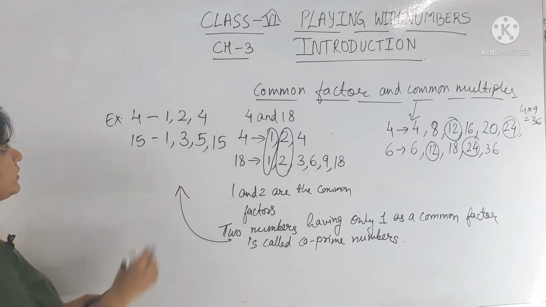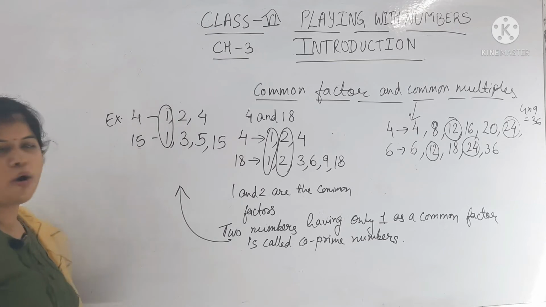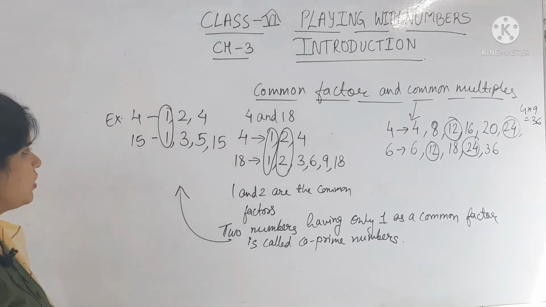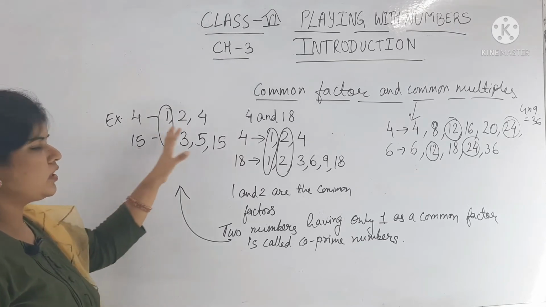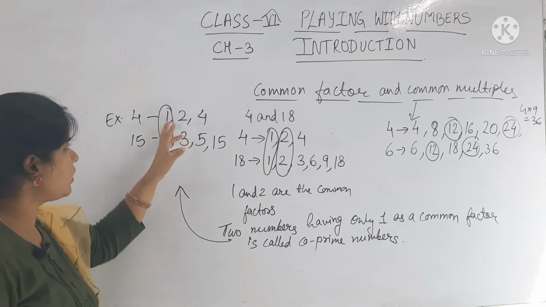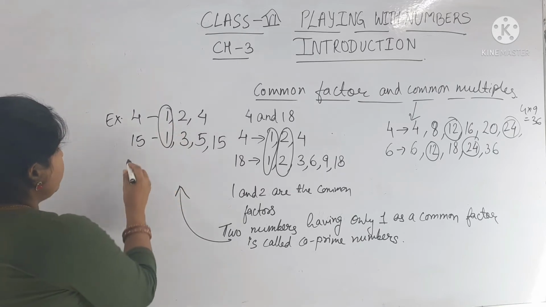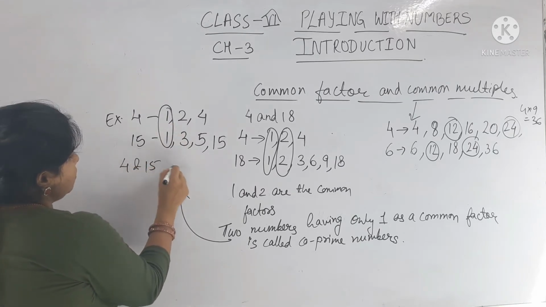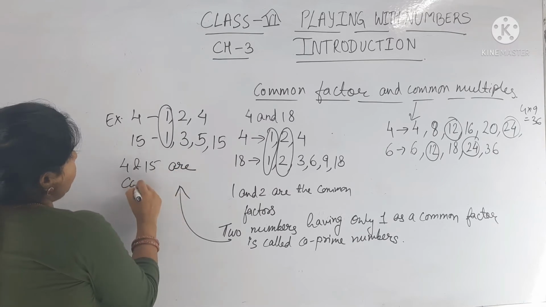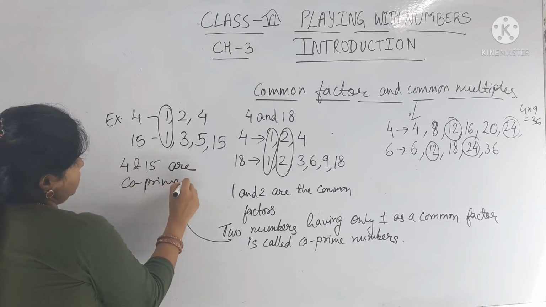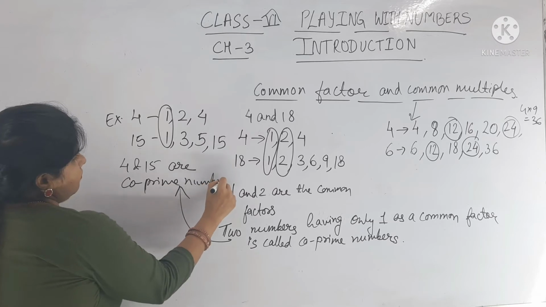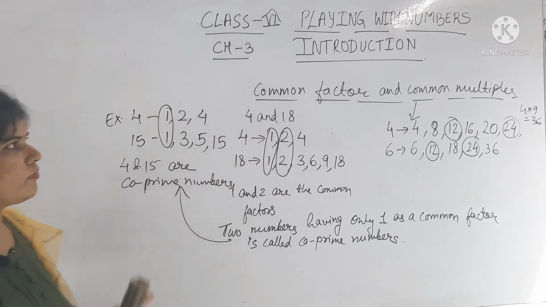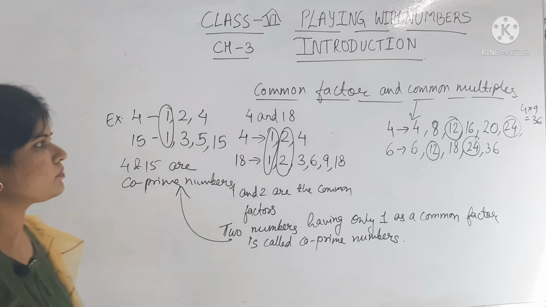Here you can see only 1 is the common factor, no other number is a common factor. So 4 and 15 are co-prime numbers. You can write this. So this is about common factors and common multiples.